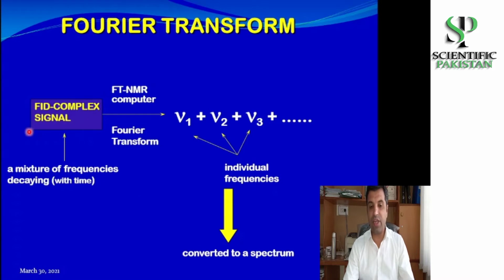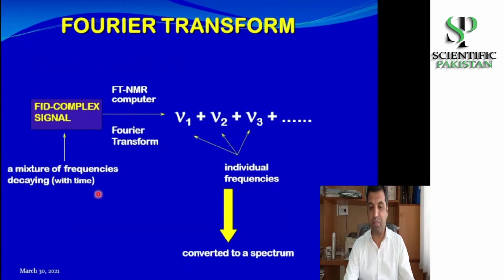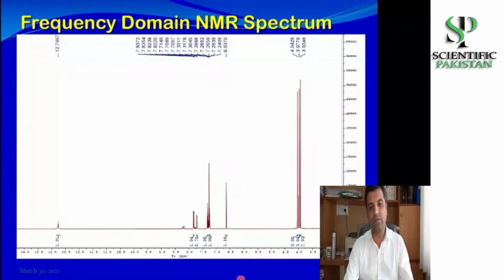So this FID, which is a complex signal, is a mixture of frequencies that decays with time. So what Fourier transform does is that it separates all of these frequencies, and then converts these individual frequencies into a frequency domain spectrum, which we can easily read.